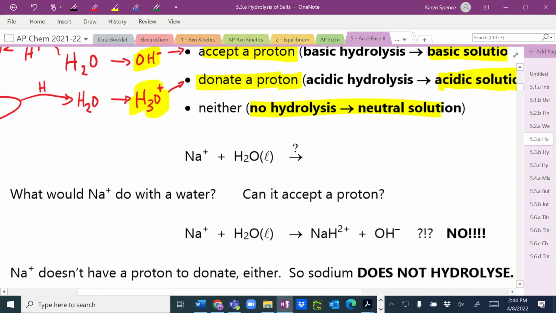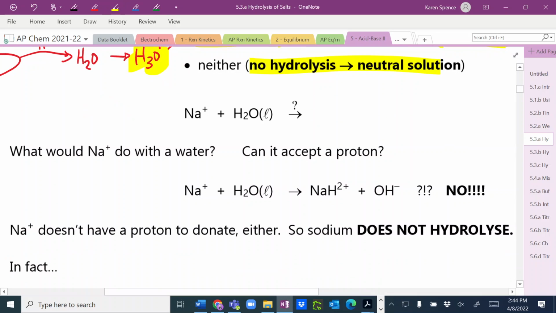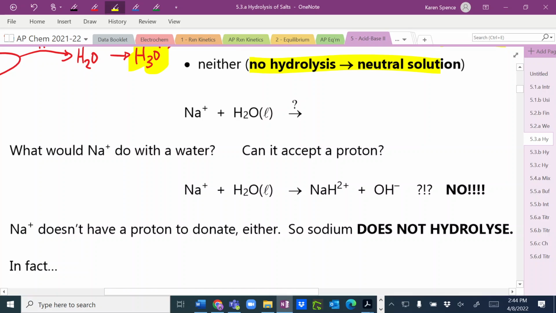So we actually have to look at both ions, the cation and the anion. And so we're going to look at sodium, and we're going to say, if I put sodium positive, and this is different than sodium metal, which we will review in just a moment, but if we have sodium positive with water, what happens? Can it accept a proton? If it did, if we had a hydrogen going on to there, it would be NaH2+.